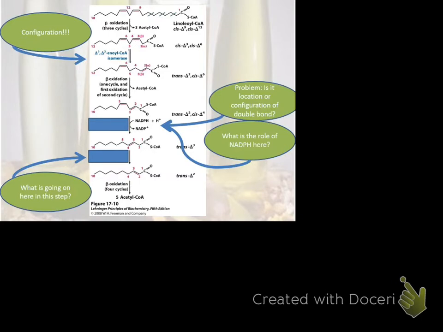So now is the problem here the configuration, or is it the location? This one's a location issue, okay? And so we are now going to use a different enzyme than the isomerase. This one utilizes NADPH, okay?